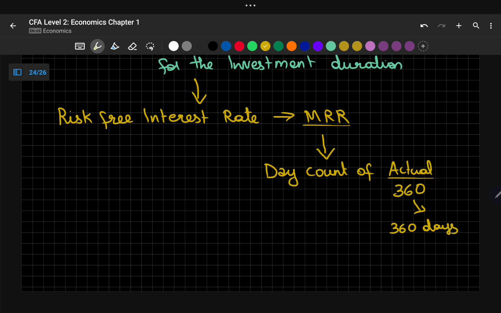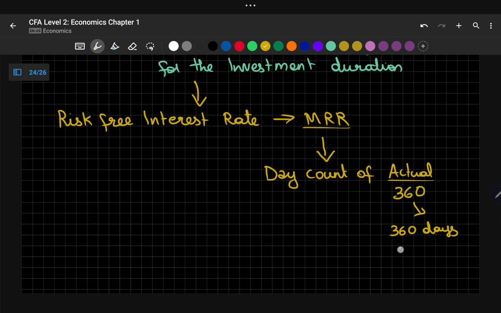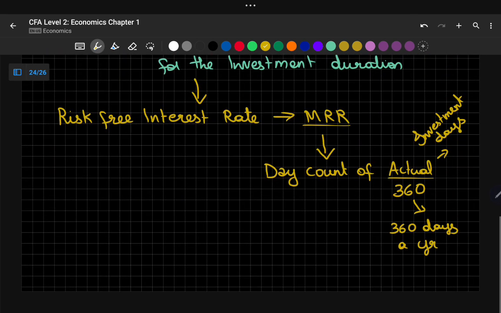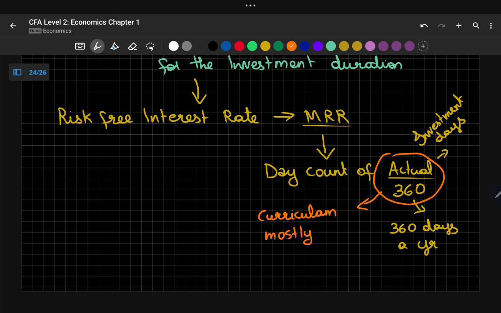And actual means the number of days for which I'm investing, the investment days. So actual by 360 is the convention that the curriculum mostly uses, and most countries also use it.